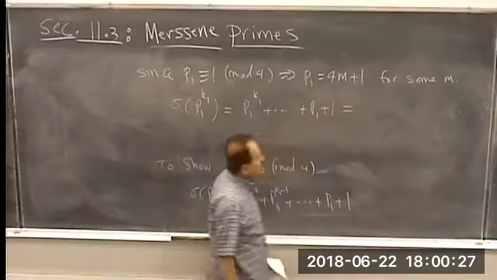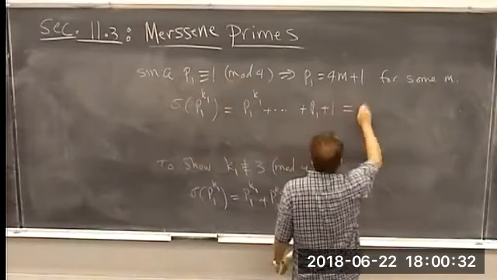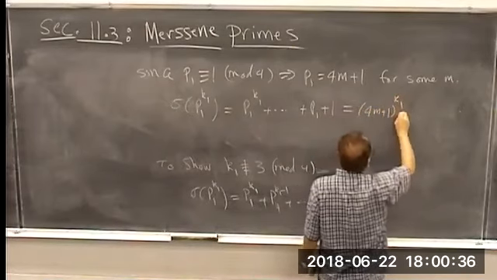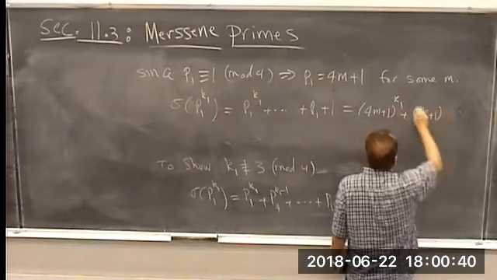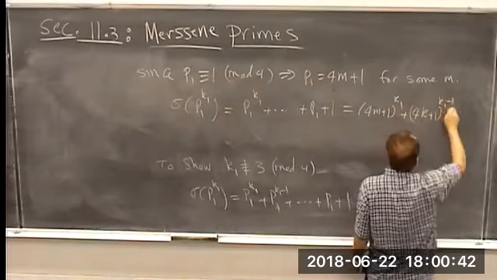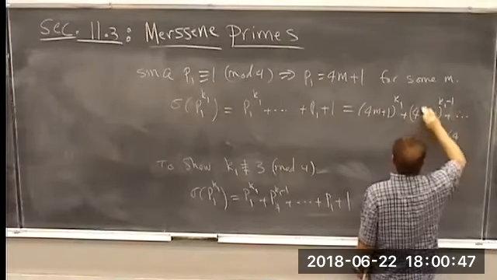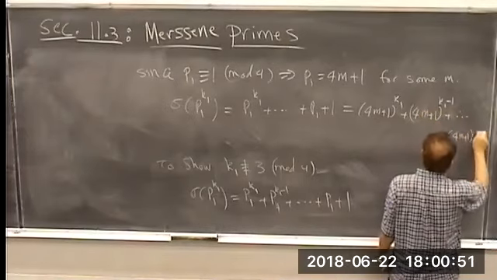I'm going to replace each one of these by (4m plus 1) to the K1, plus (4m plus 1) to the K1 minus 1, and so on, up to 4m plus 1 plus 1.